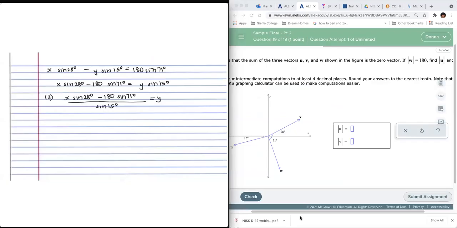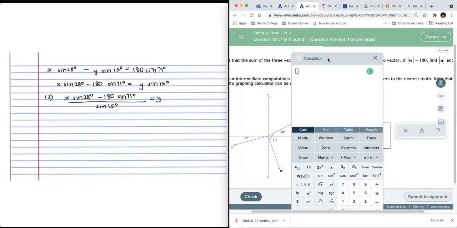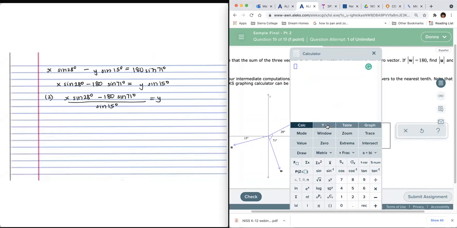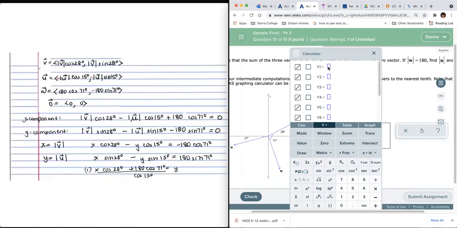So now we have two equations with y in terms of x, and we can use the graphing calculator. So let's go ahead and pull up the graphing calculator. I'm going to select y equals. I'll put in the first equation, which was x cosine 28 plus 180 cosine 71 all over cosine of 15.